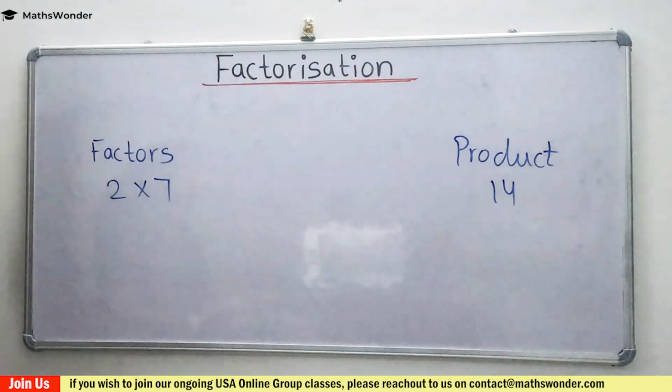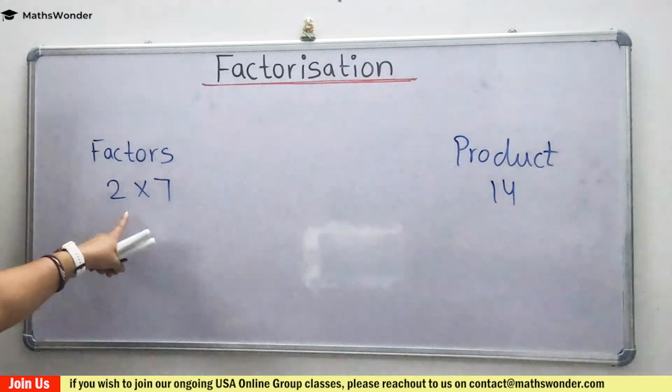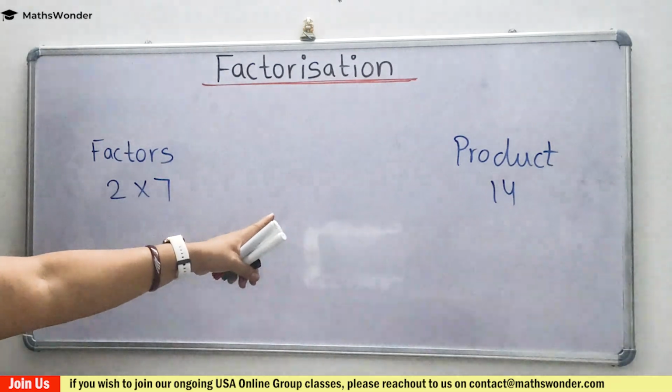Yes, first I explain in simple language, then I explain in algebraic expressions. In case of multiplication we write 7 times 2 or 2 times 7, whatever, is 14.